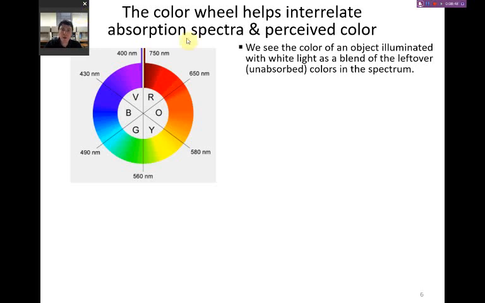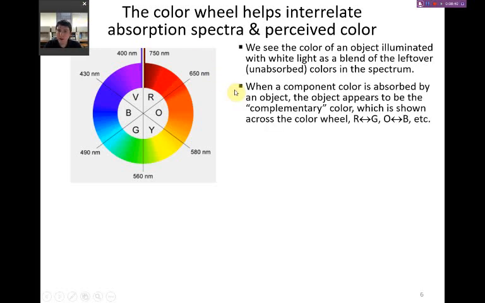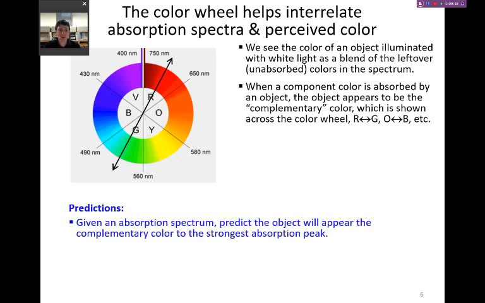And so if we look at the complement of a given light, then that's going to be the color across from it on the color wheel. So red is the complement of green, orange is the complement of blue, yellow is the complement of purple. And so if you're given a particular wavelength or a particular color, you should be able to give an approximate wavelength or an approximate color that is complementary to that.